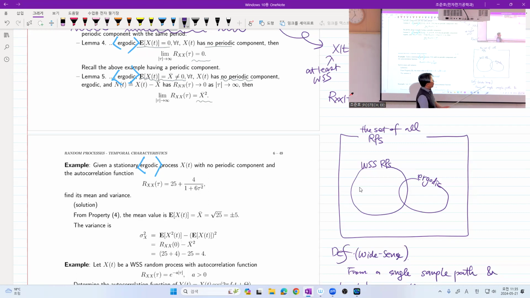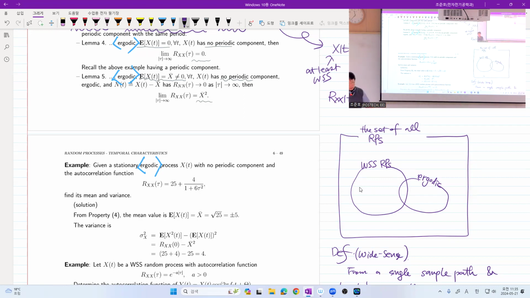So even though it looks too restrictive, it's a nice property we need. Okay? Of course, there are many different definitions of ergodicity, strict sense ergodicity, or some very loose sense of ergodicity.